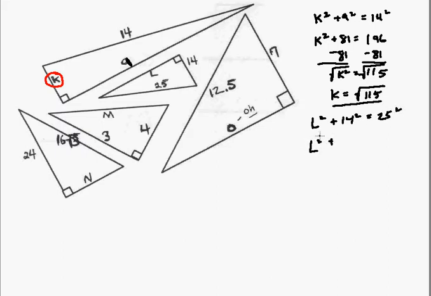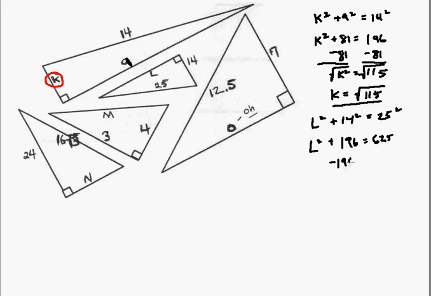So L squared, and if I go 14 squared, I get 196. Oh, we knew that from up here. So we have 196, and if I go 25 squared, I get 625.